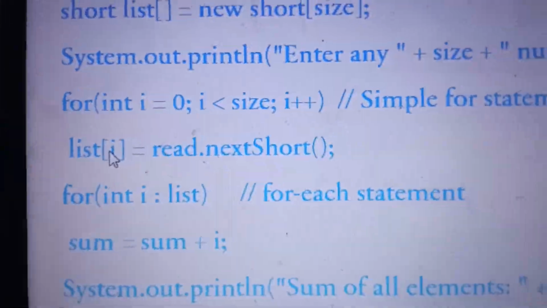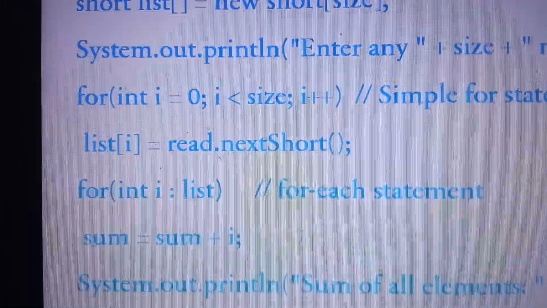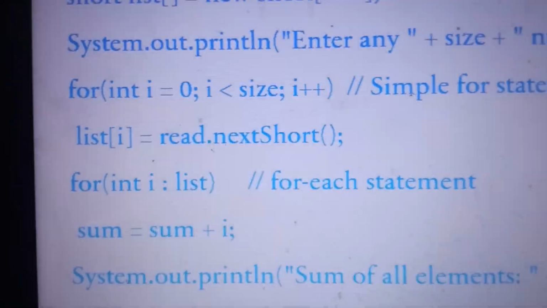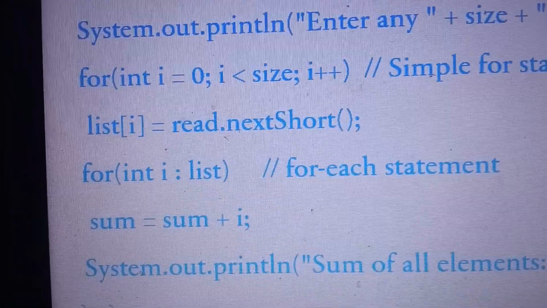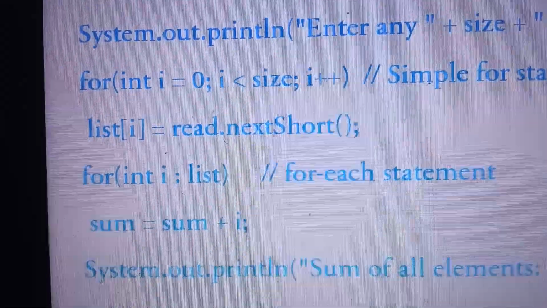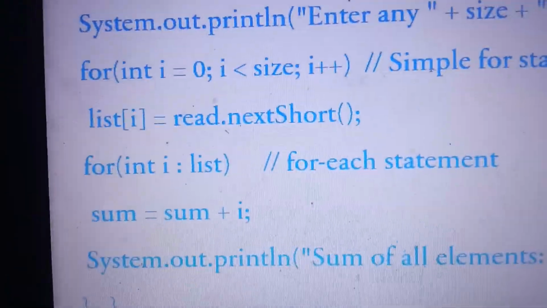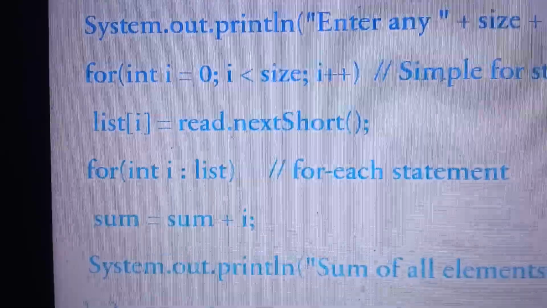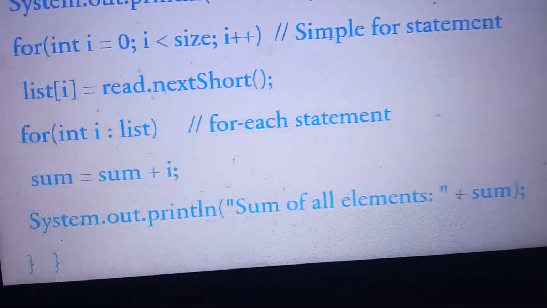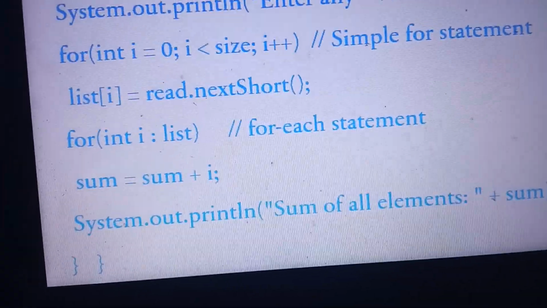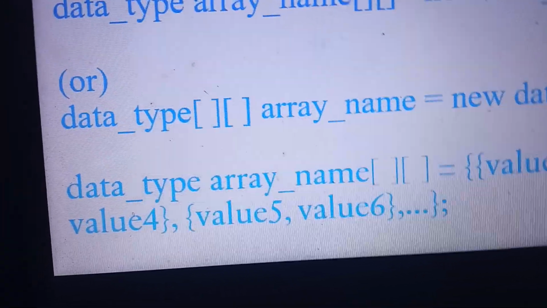As I already told, it starts from the 0th position, so list of 0, list of 1, list of 2, list of 3, like this. Now here we are using the for-each statement, for int i in list, sum equal to sum plus i. Finally we find the sum value. Like this we declare the values dynamically.